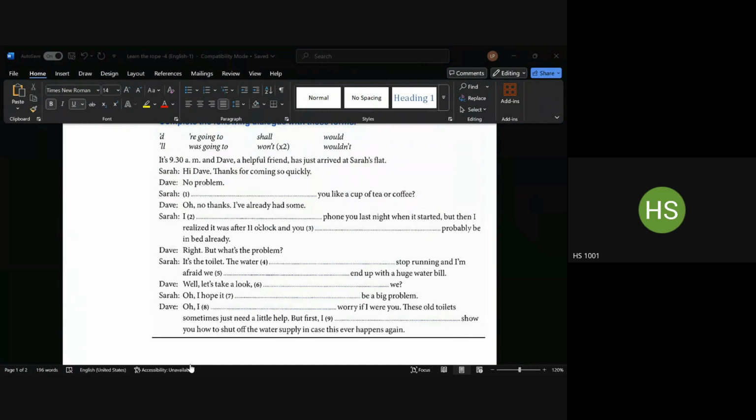So here would, is it used in the hypothetical format or in the politeness format? The second blank, you would probably be in bed already. Hypothetical. Yeah, it's an assumption.